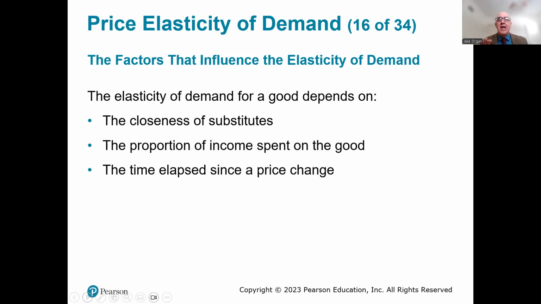And often, if we spend more of our income on a particular good, we're probably going to be more sensitive to the price. It's going to be more elastic. And then also the time elapsed since the price change. Normally, if something hasn't gone up for a while, like with the internet, when they put the price up, you'll accept it. So it's going to be less elastic.